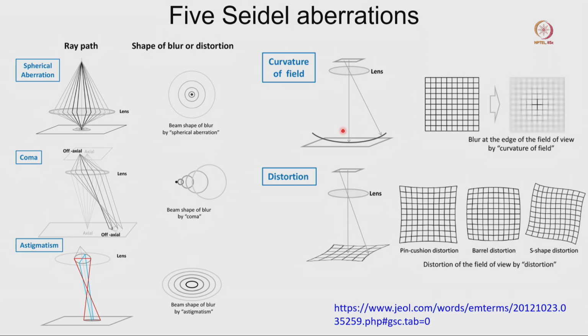All together you will get a different type of curvature, where your edge has a different magnification and the center has a different magnification. We already discussed pincushion distortion, barrel distortion or S-shape distortion. Those are the distortions involved with the electron microscope. Most of the time we have to correct those distortions when we do the actual imaging.